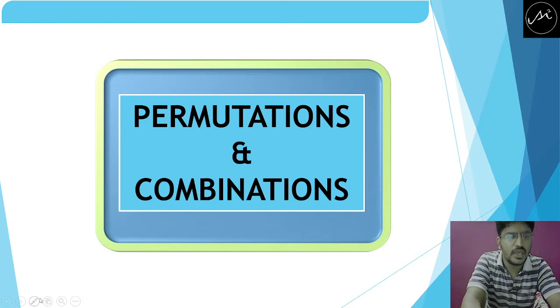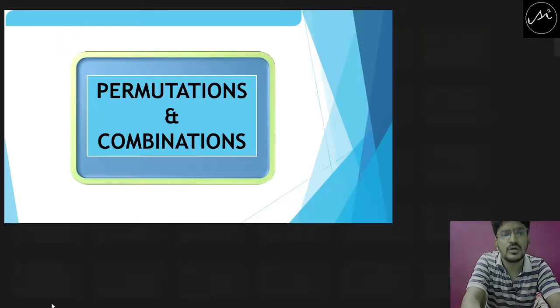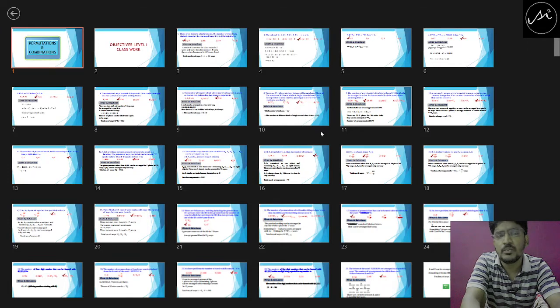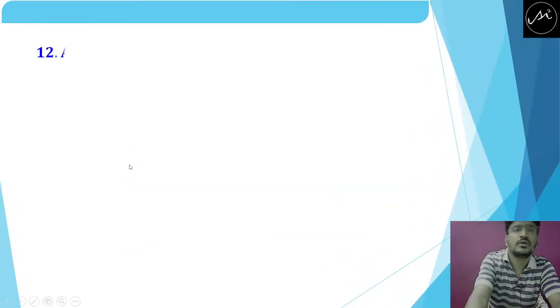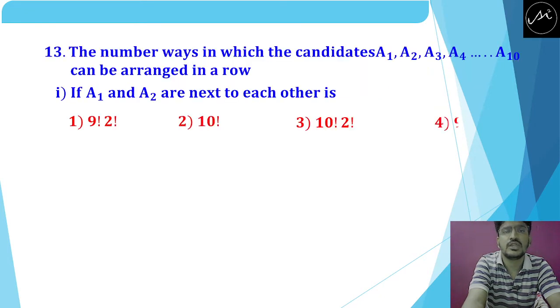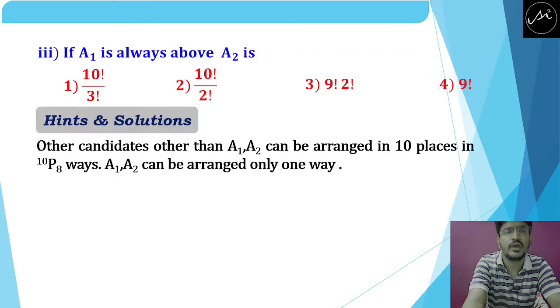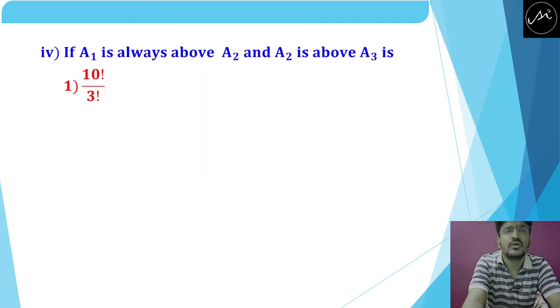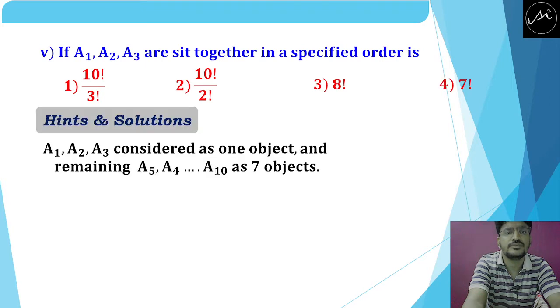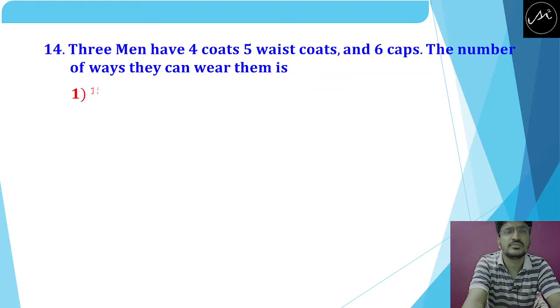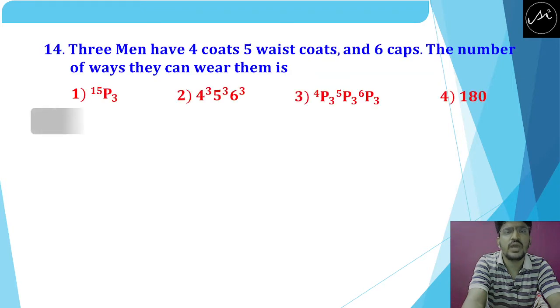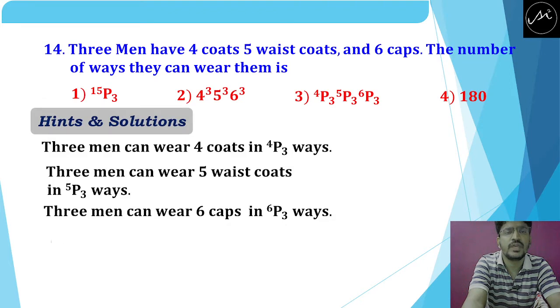You may know that we have completed nearly 14 problems. The 13th problem is already over, and the 14th problem is also already over. Now we have to go for the 15th problem.